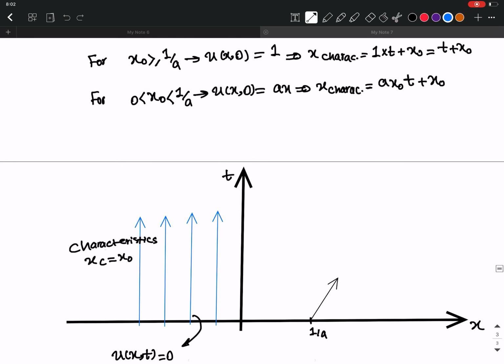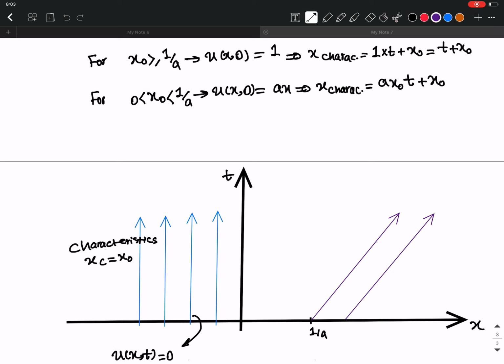I'm going to plot it for this region with, say, purple. So this is a line with slope 1.